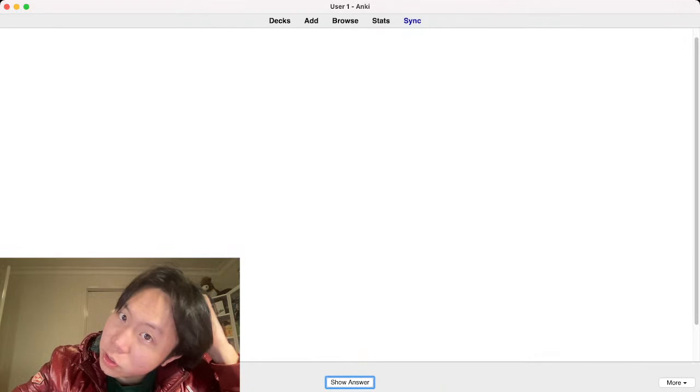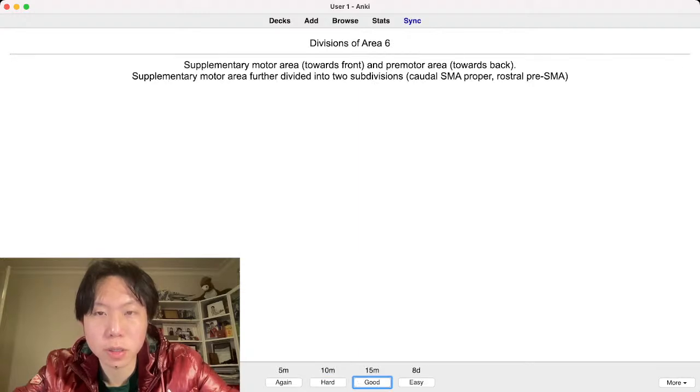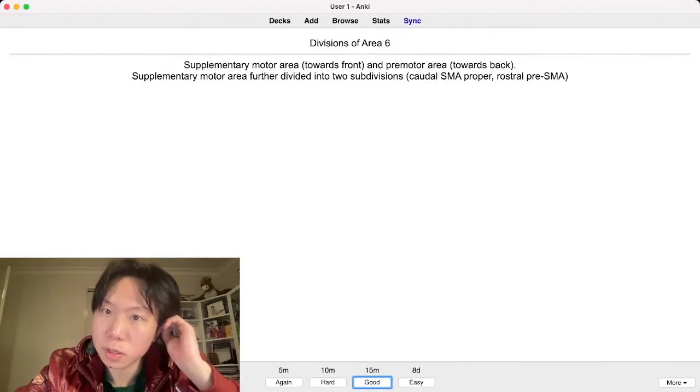Right. Divisions of Area 6 are the SMA and the PMA, the supplementary motor area and the premotor area.